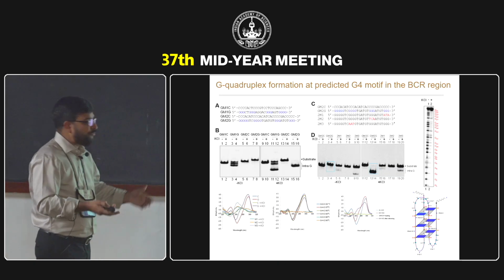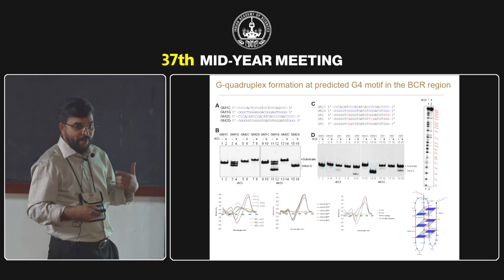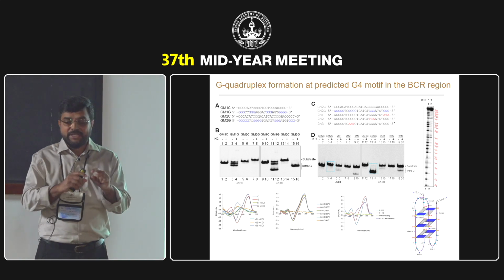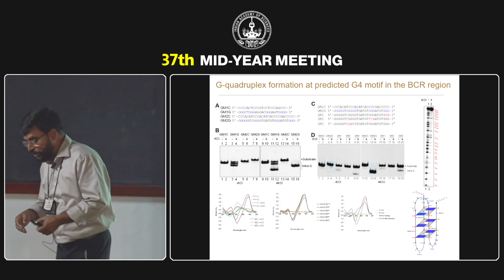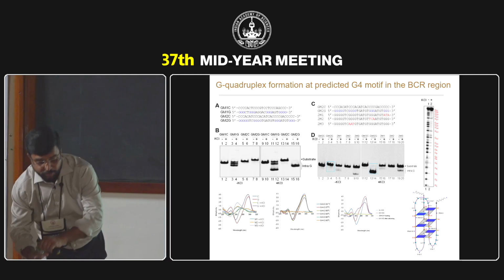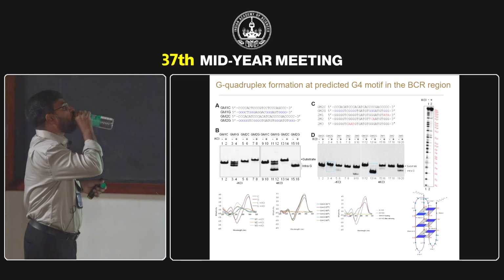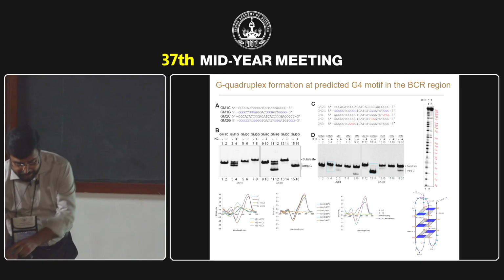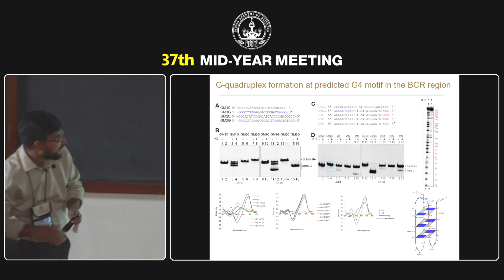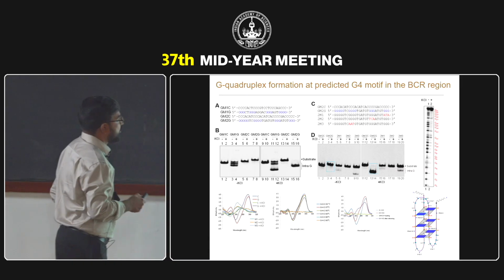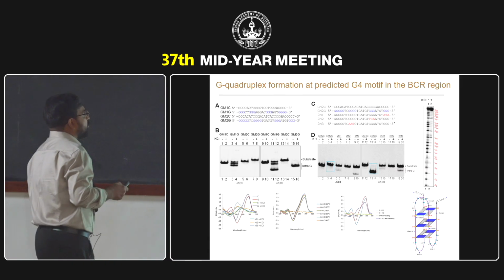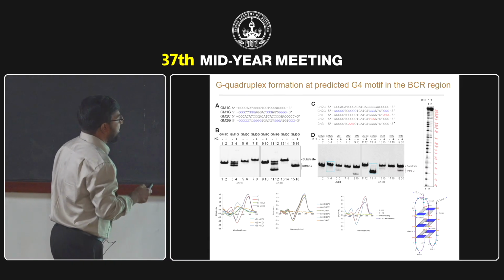And then we went back to the in vitro biochemical assay systems, where we designed several oligomers from those G-quadruplex forming motifs. As I said before, these are supported by stretches of guanines. So the complementary control region will be cytosines.